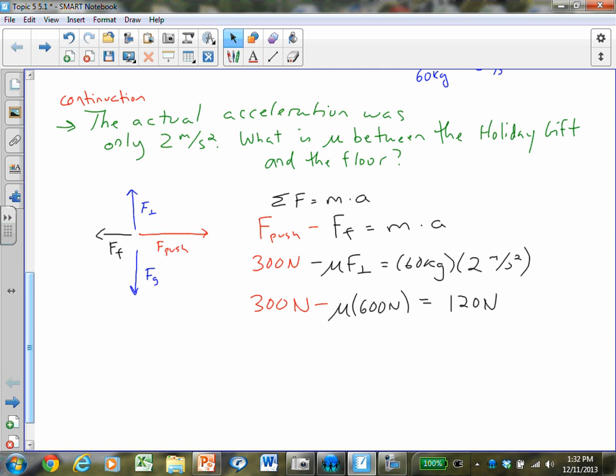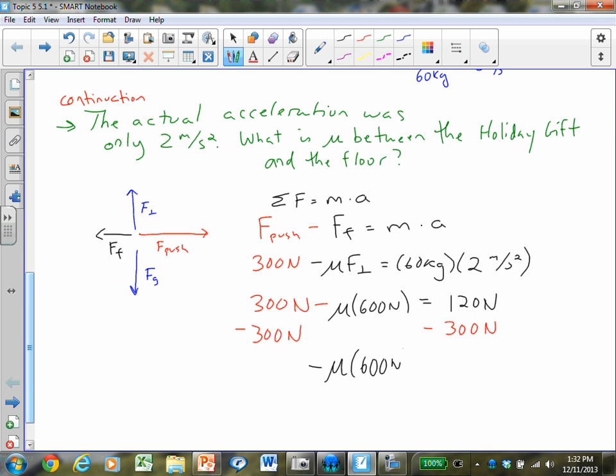So if we subtract the 300 newtons over, we get minus mu times 600 newtons equals minus 180 newtons. So mu equals minus 180 divided by 600, or 0.3.